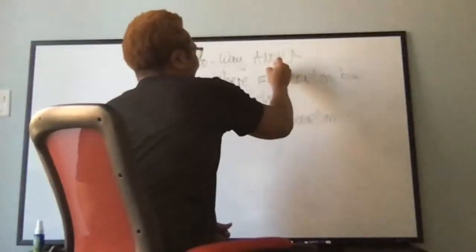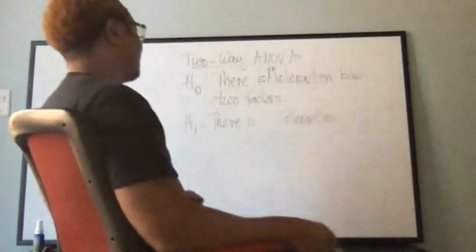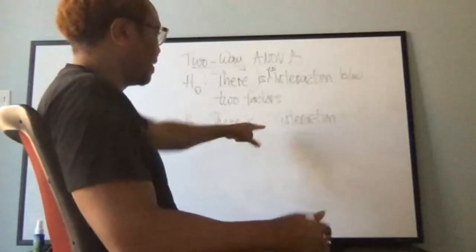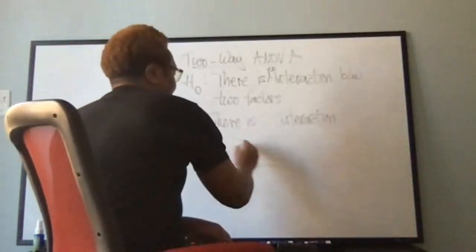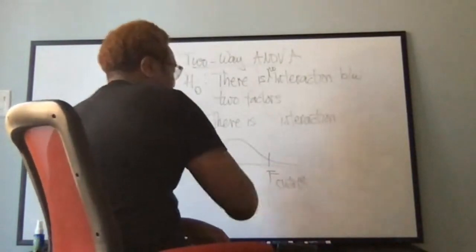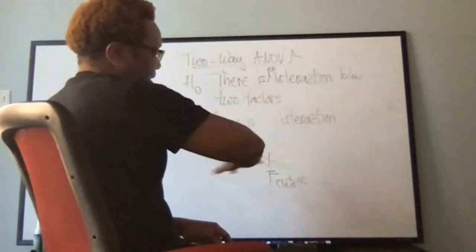H0 is there is no interaction, and H1 there is interaction. Thank you so much. I know it wasn't really looking right. So yeah, so there is no interaction here, and then there is interaction here. Basically, you end up doing the same thing. You have this F cutoff, and you're going to figure out what the F test statistic is.